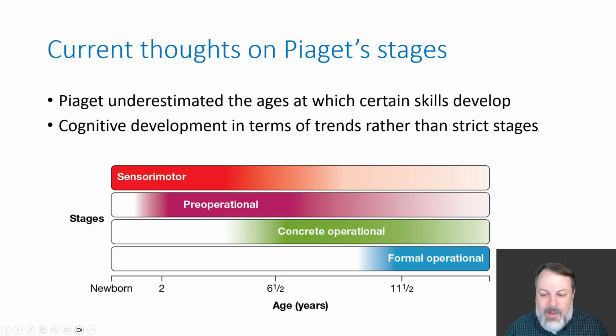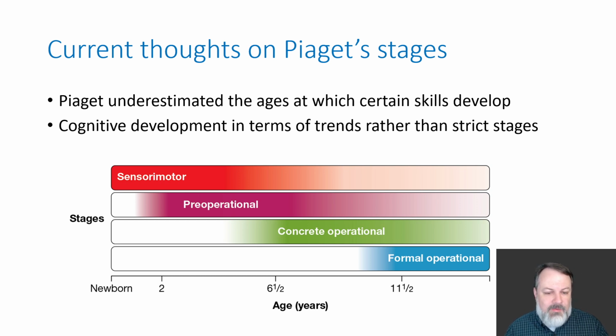Once again, it's important to recognize that Piaget's stages aren't perfect, and he really underestimated the ages at which certain skills can develop. Also, talking about it in terms of stages is kind of a poor way, because when you think of stages, you think you pass stage one, then go to stage two, then stage three.